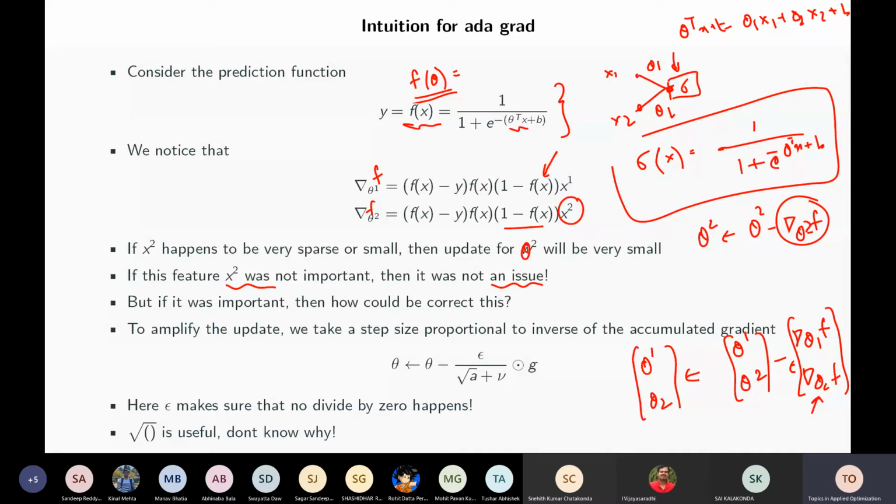For instance, the second balcony may not be that important, provided the first balcony is big enough. People may not care about the second balcony area size. In that case, that feature could be x2, and that is not really an issue. I don't really want my model to learn something about that feature.